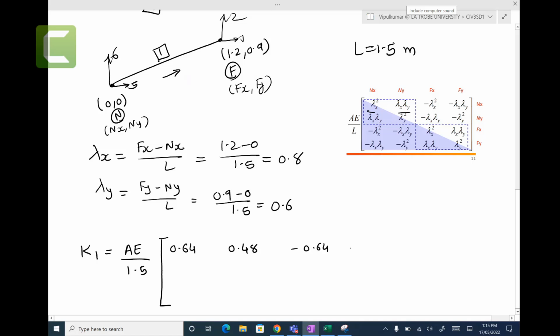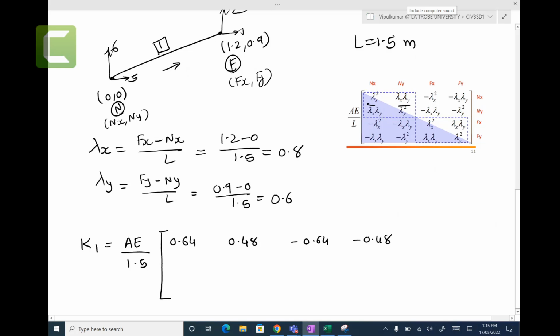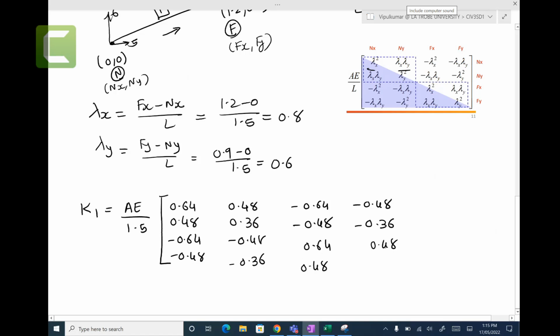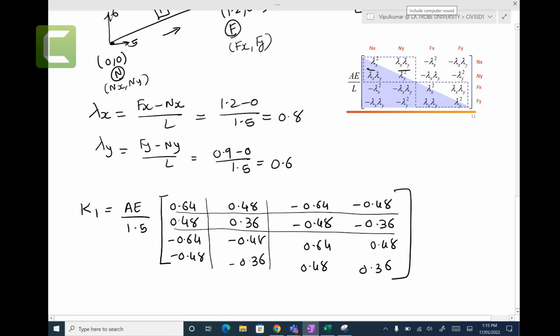Minus 0.64, minus 0.48. You know the story from yesterday. Make sure you don't do this if you're not confident with these rows and columns. Let's check. I think you know the symmetry, right? The numbers in this row should be the same as this column, and so on, so all the rows and columns are exactly the same.